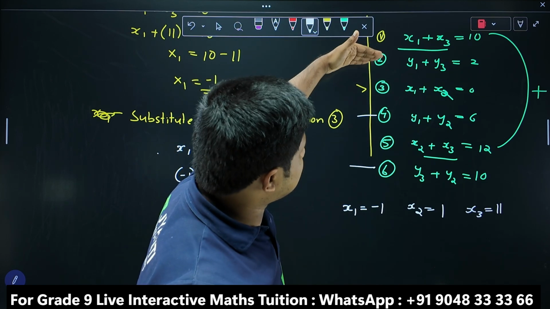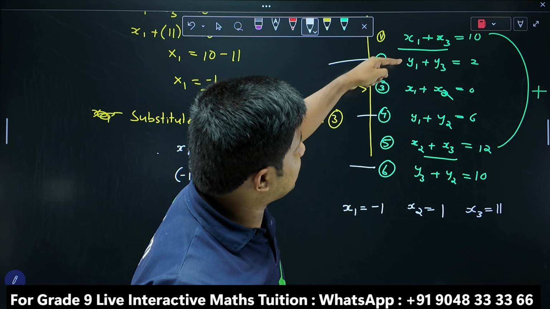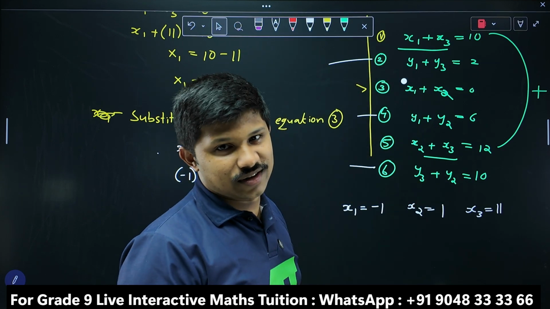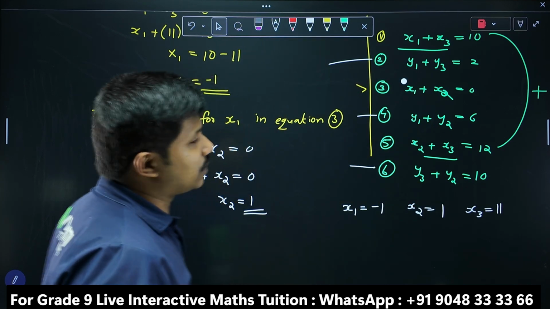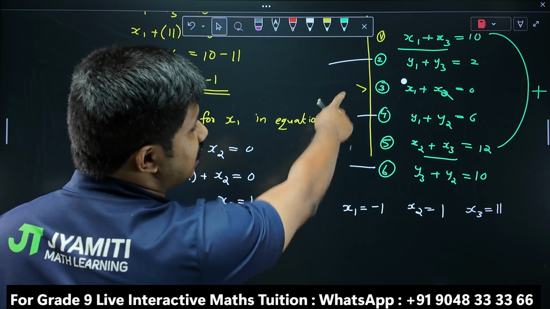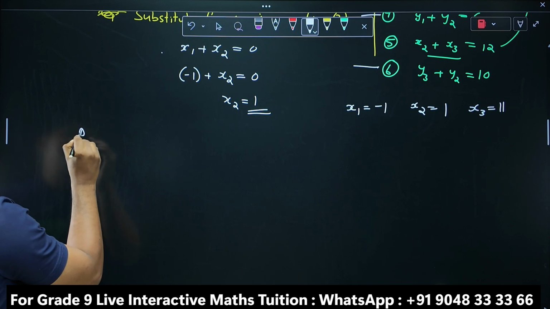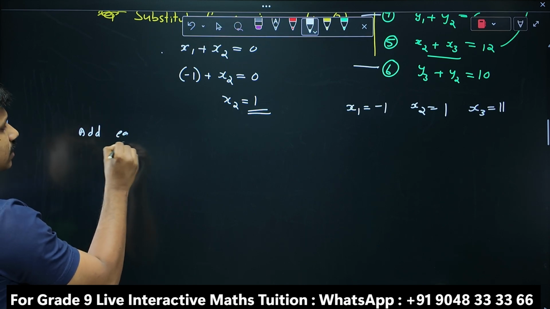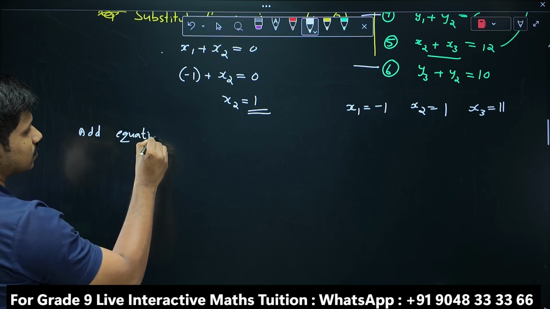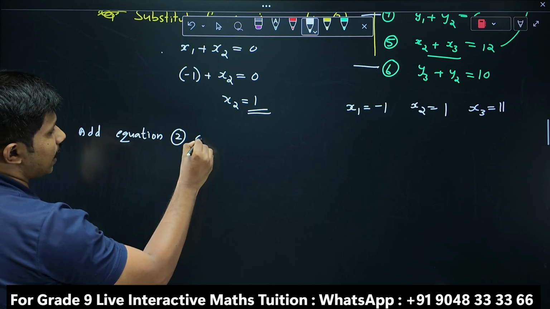When you add equation 2 and equation 3, we can generate y1 plus y2 there. Let's add equation 2 and 6 first. Add equation 2 and 6.